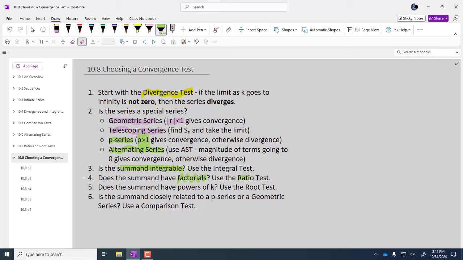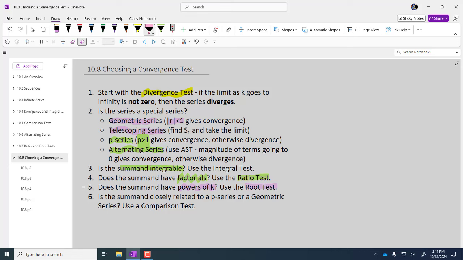If you see factorials, you immediately go to the ratio test, because the ratio test will get rid of the factorial symbol. So that's very convenient. And then similarly, if we have a big old power on the outside, we want that power to be reduced, and that power can be reduced if you use the root test, because you're going to take the k-th root, so that's going to shrink that power.